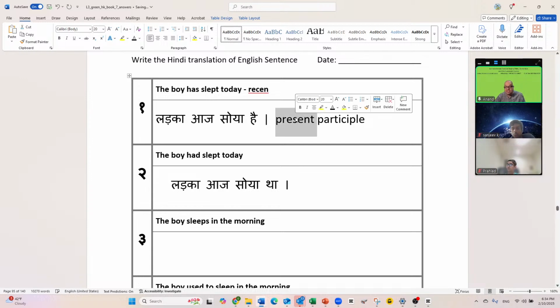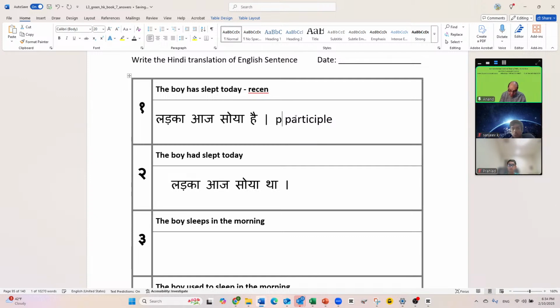I'm sorry, the ya form is not present participle, it is past participle. And I'll explain in a minute why it's past participle. So it's recent past. Now, why is it past? Because the action has been completed. The action of sleeping has been completed. That is why it is past. But this is recent past.